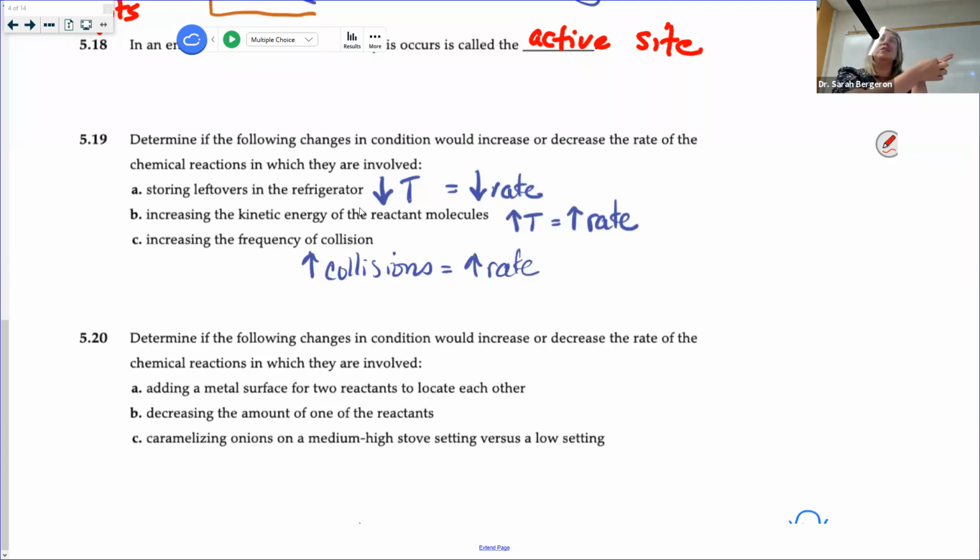Is that going to increase or decrease the rate of our reaction? Increase. We're going to increase it. This is an example of a catalyst. Not all catalysts are enzymes. Some catalysts can be metals.